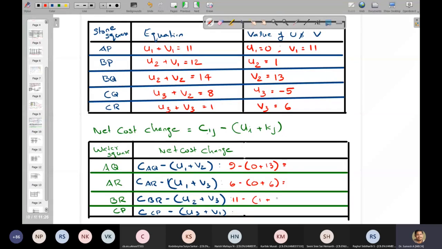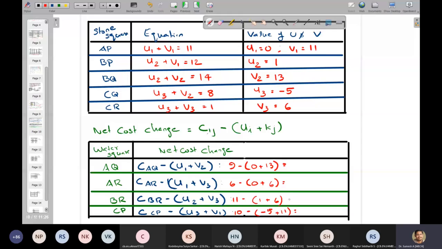And next one, C of CP is 10. So 10 minus, inside the bracket, you will have U3 is -5, so -5 plus V1 is 11. -5 plus 11.